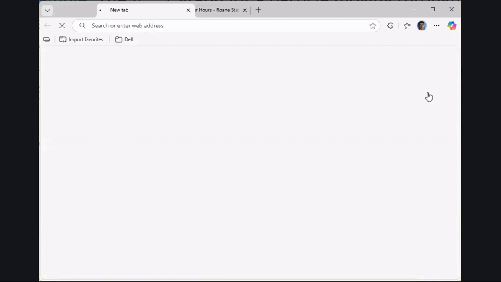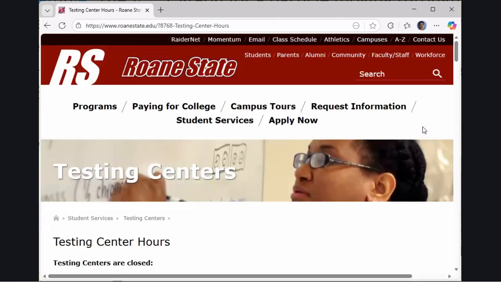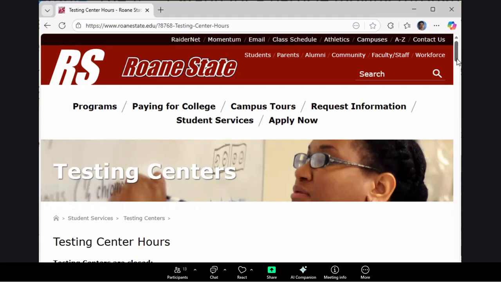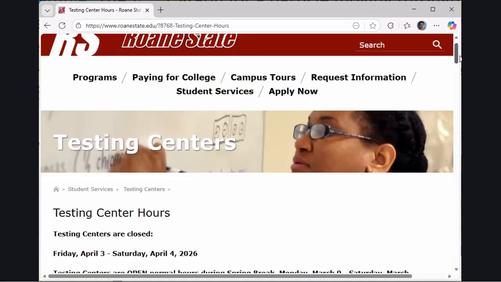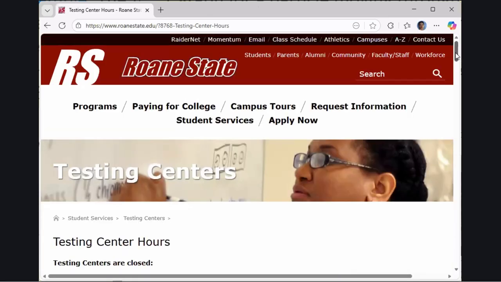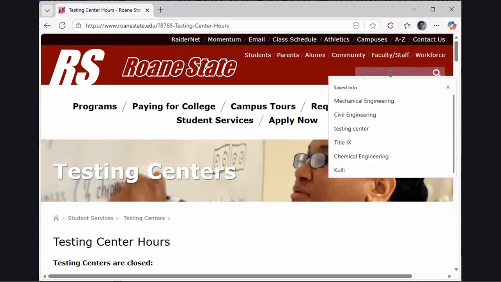Can you see it? From the Roane State Community College main web page, in the search here, simply type testing center, then you can check the hours.